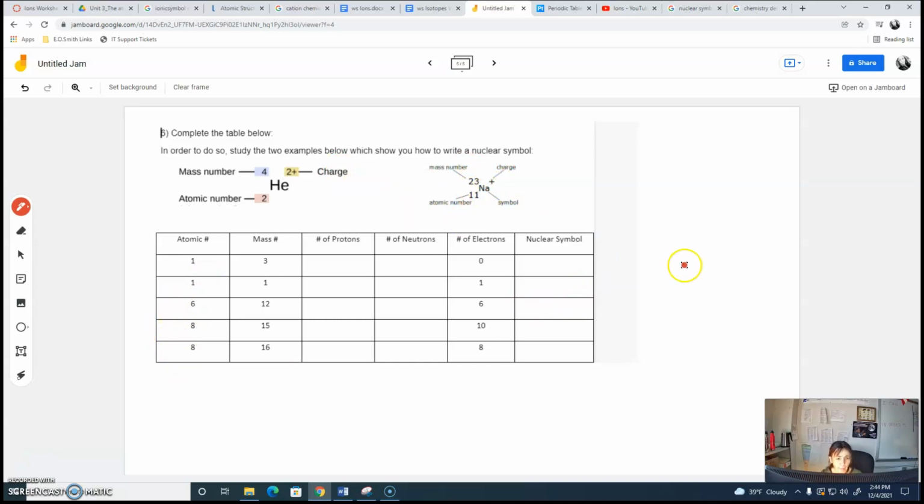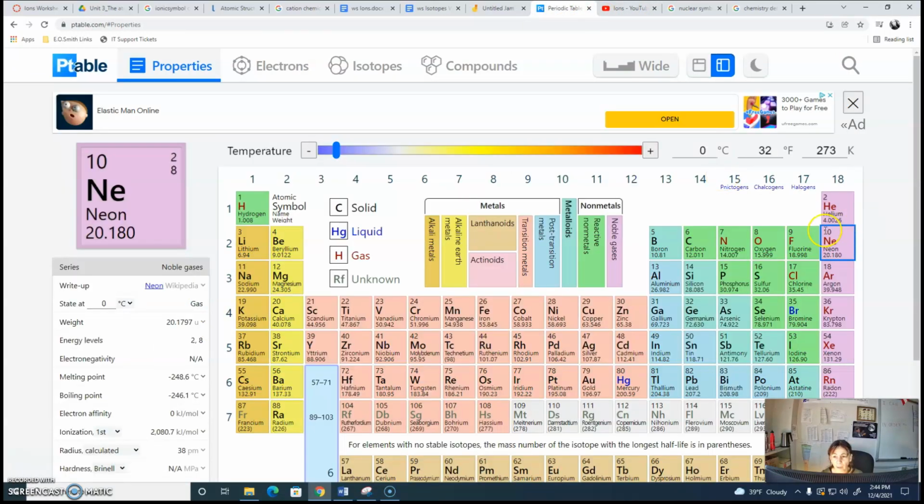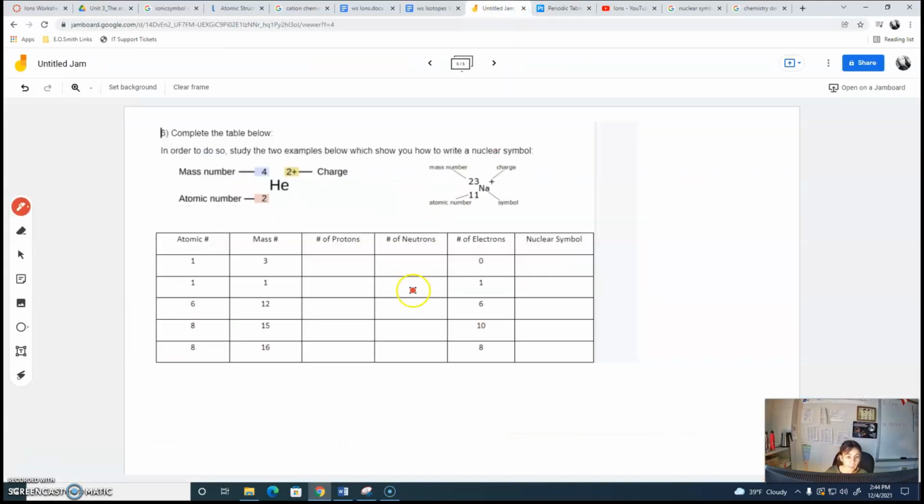So let's do this one with 6. Atomic number 6. How do I know what that is? Let me just go to my periodic table and look up atomic number 6. Here it is, carbon, atomic number 6. So let me just write that right in here so I have an easier time. Mass number or atomic mass of 12.